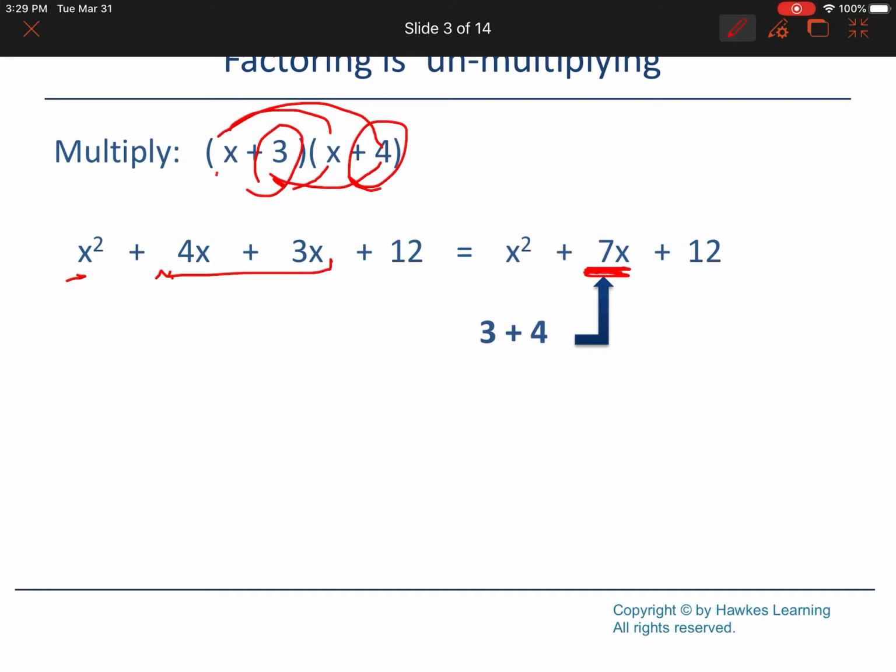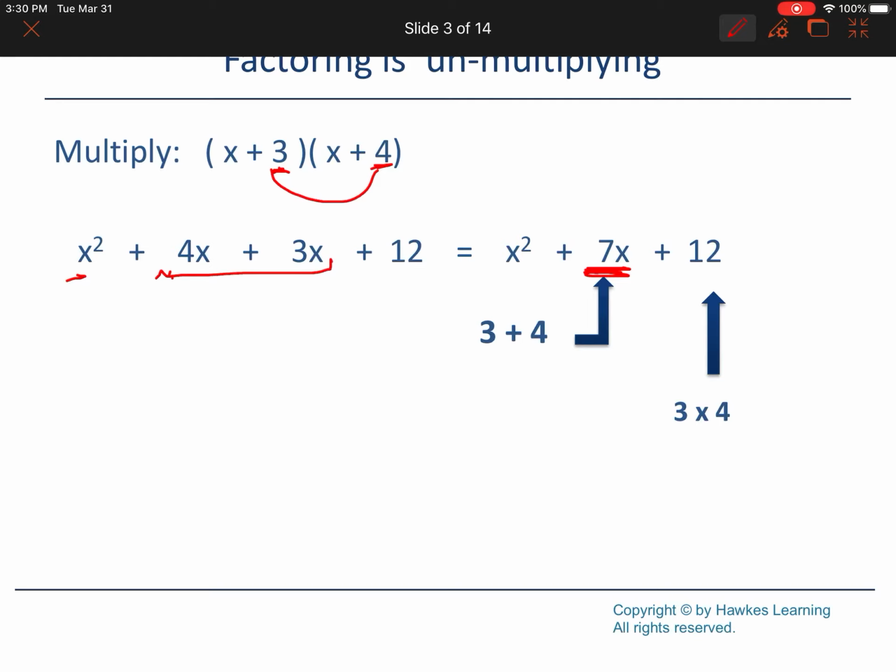And so the 3 and the 4 added together give us our middle term, the x term. But the constant is made up of 3 times 4, because that was where we multiplied these two things together and got the last one, right?